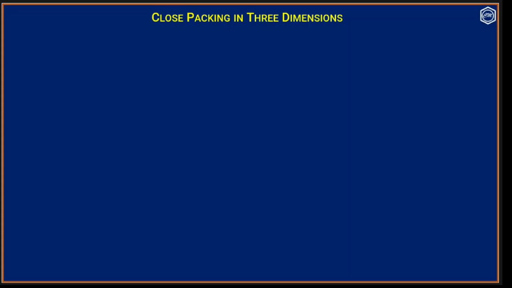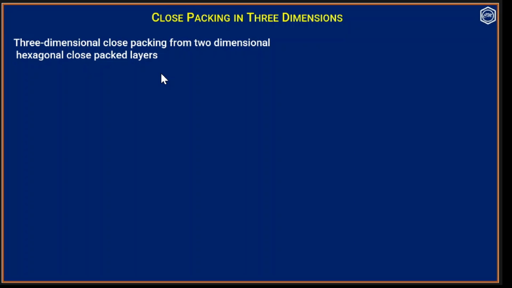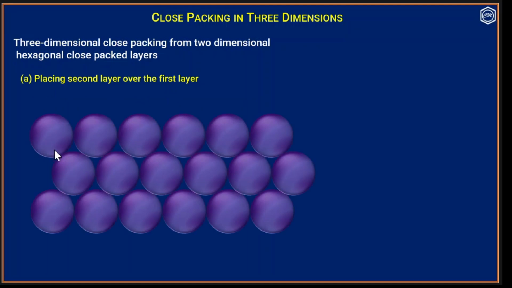Now let us consider 3-dimensional close packing structures from 2-dimensional hexagonal close packed layers. So there are 2 ways of placing the second layer. This is the hexagonal close packed layer, that is the first layer. These are the triangular voids. So all these are triangular voids.